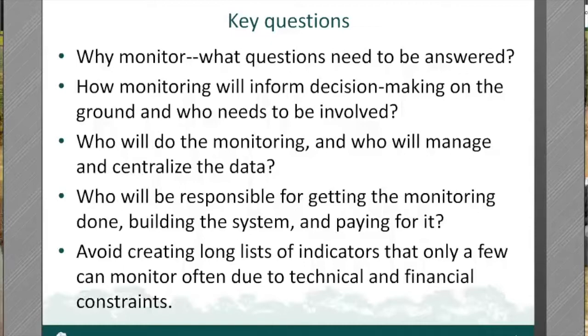That's another critical question. Who will do the monitoring and who will manage and centralize the data? It's not trivial. Who will be responsible for getting the monitoring done, building the system and paying for it? A donor, a national agency, a mix of it, probably private sector involvement. And avoid creating long lists of indicators that only a few can monitor, often due to technical and financial constraints.